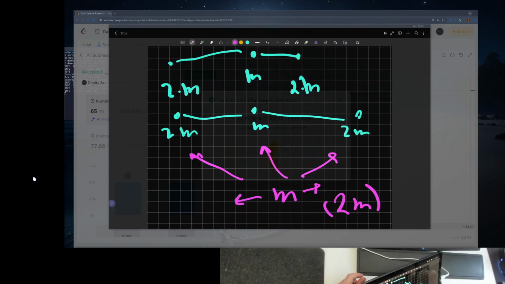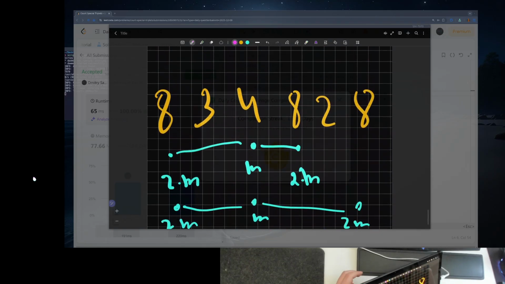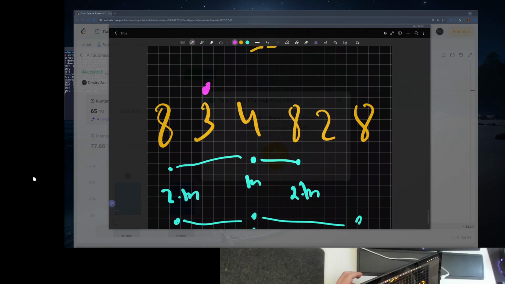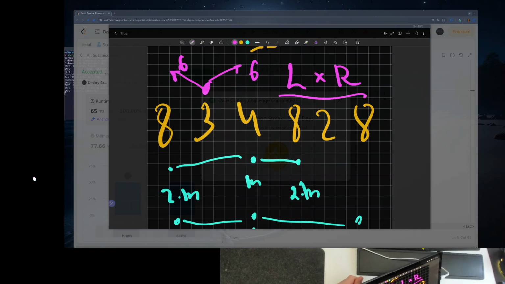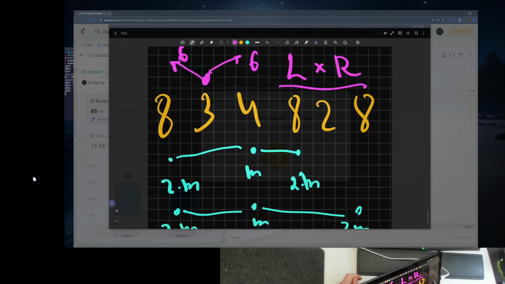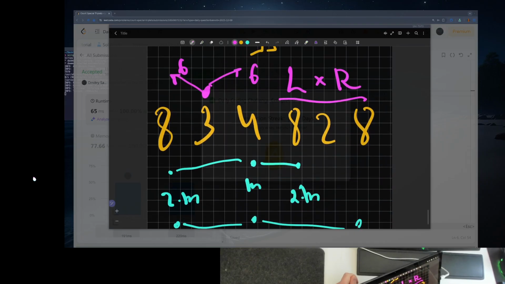So let's consider the middles, and for every middle, for example the 3, we want to find how many 6s we have in the left and the right. And to count triplets we just have to multiply the left by the right counters, and that would be the total number with this current middle.